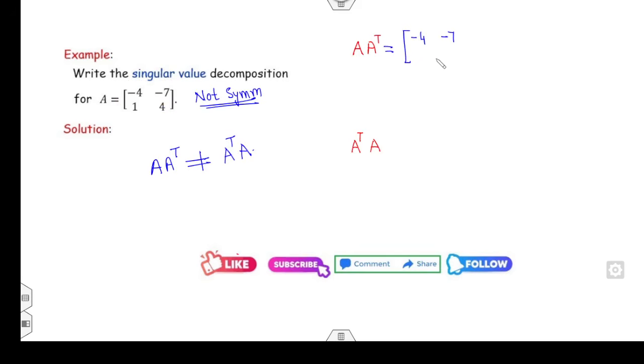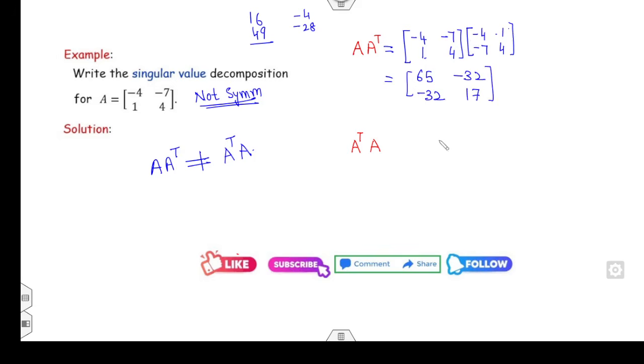So let's quickly find that. The matrix is -4, -7, 1, 4. What is the A transpose? -4, -7, 1, 4. So quickly do that. 16 plus 49, so 65. -4, -28, -32, 1 and 16. That is 17.